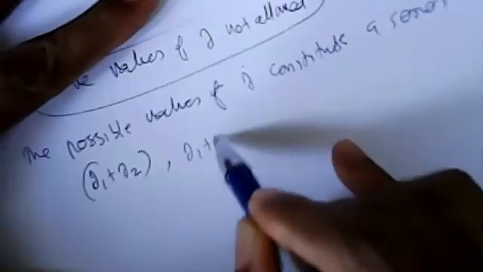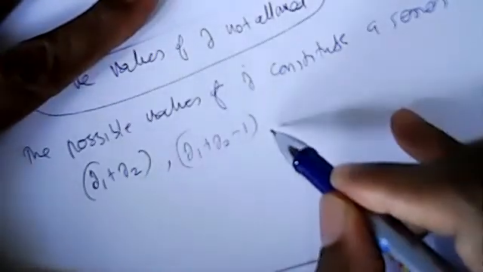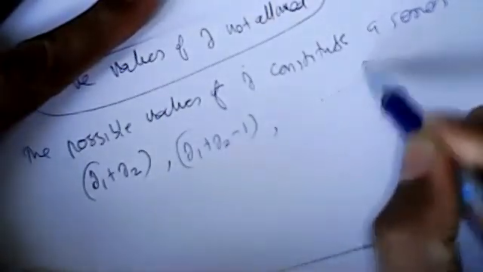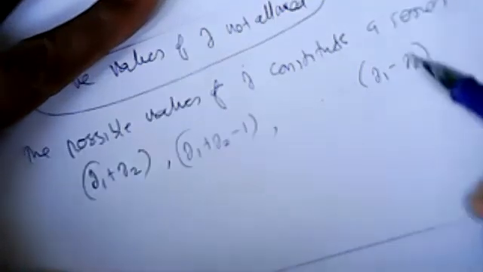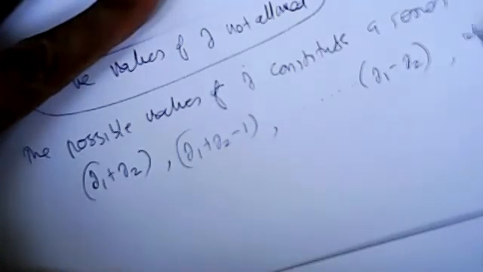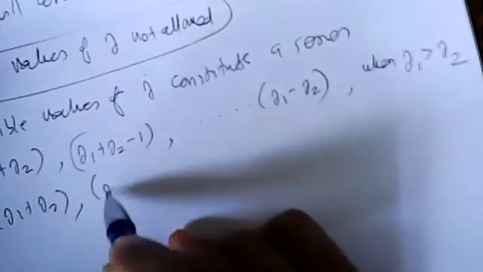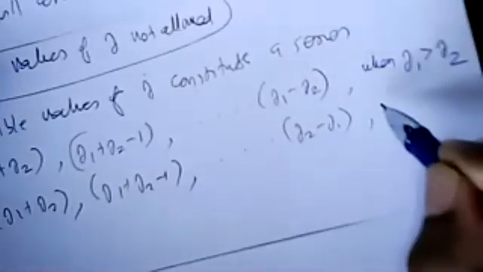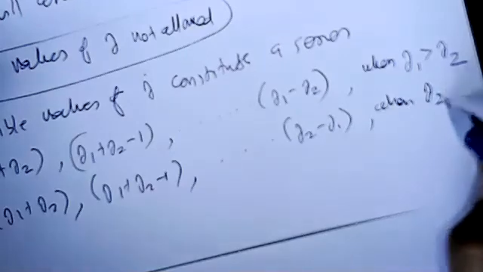Then J1 plus J2 minus 1, etc. Then J1 plus J2 minus 2, etc. Finally, J1 minus J2. Okay. This is when J1 greater than J2, or you can write the same series, J1 plus J2, J1 plus J2 minus 1, etc., J2 minus J1 when J2 greater than J1.